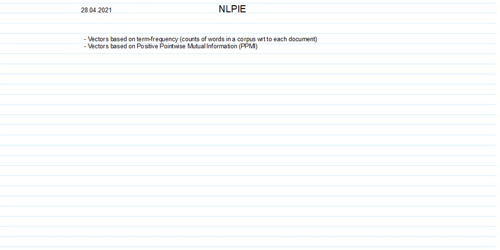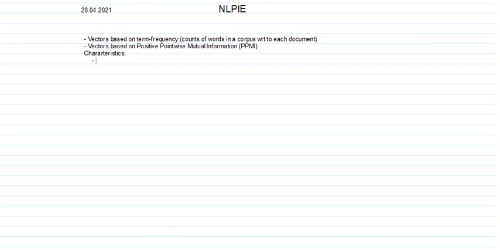Now these vectors had some characteristics. What are the characteristics of these vectors?